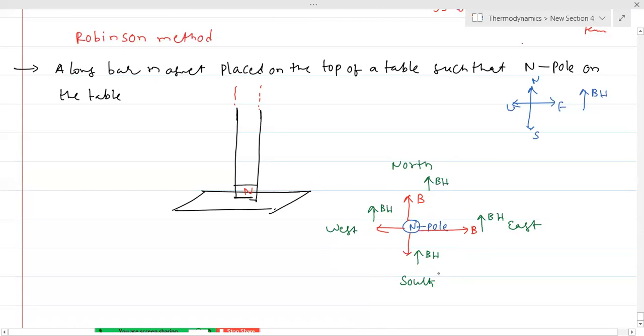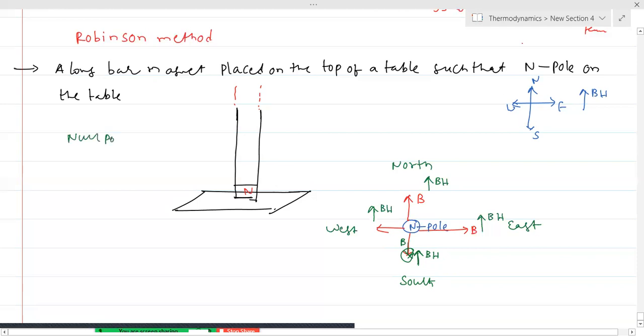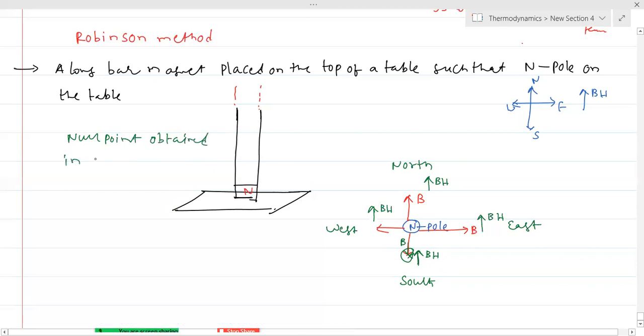So from the picture, it is very clear that the null point appeared here because of B and BH. It is clear that B is downwards and BH is upwards. They get cancelled with each other. Therefore, the null point is obtained on the south side.